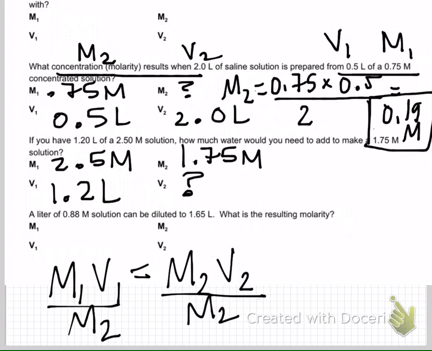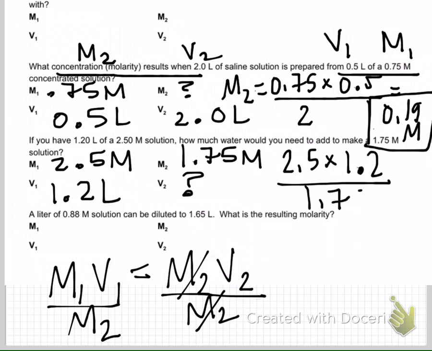So I'm going to do M1 times V1 over M2, and that's going to help me get V2. When you plug that into your calculator, you're going to get 1.71 liters.